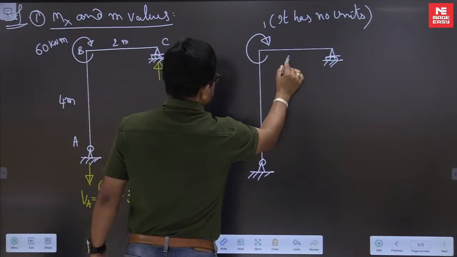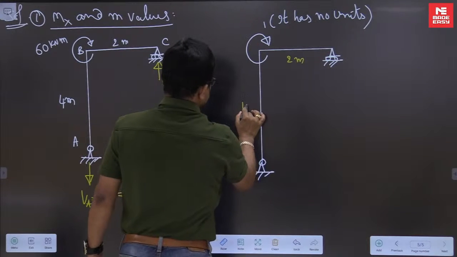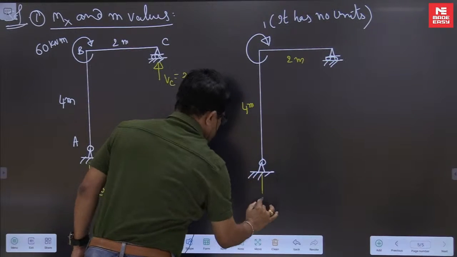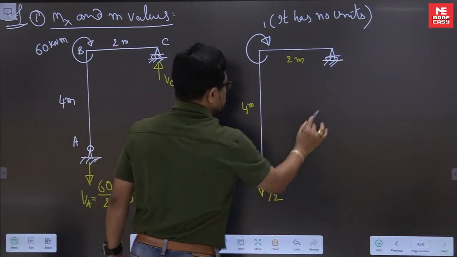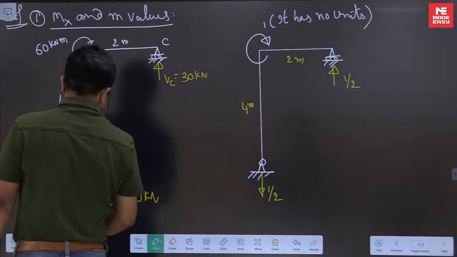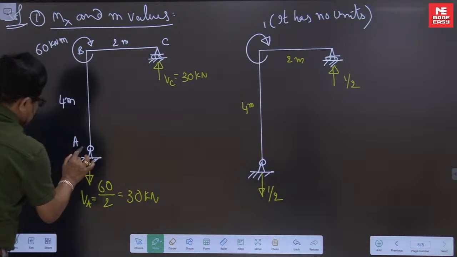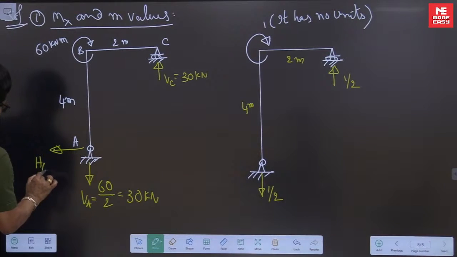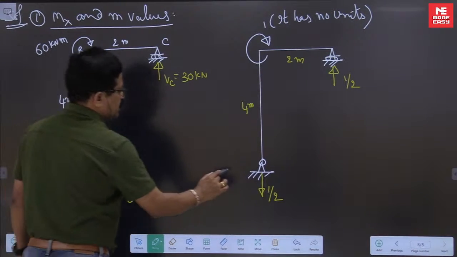Similarly, for the unit clockwise moment, this is 2 meters, 4 meters, so it has to be 1 by 2 upward. Then the horizontal reaction has to be 0. Here also same.